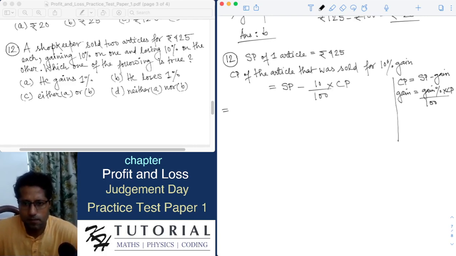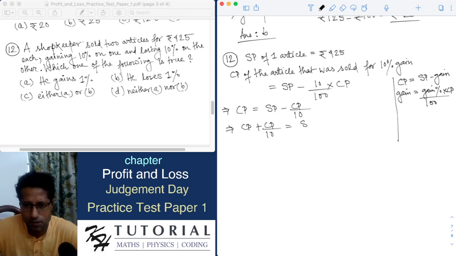So this implies that CP equals SP minus 10 by 100 of CP, which is CP by 10. Now if we bring the CP terms to the left hand side, we get CP plus CP by 10 equals SP. Here SP is the selling price of one article, which is given to be rupees 425.